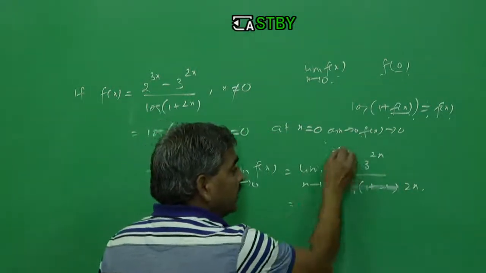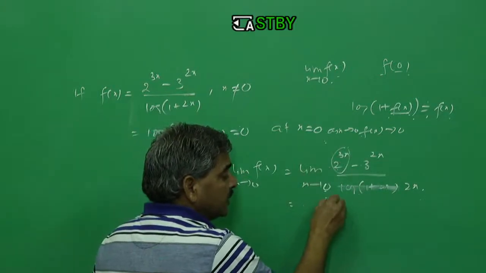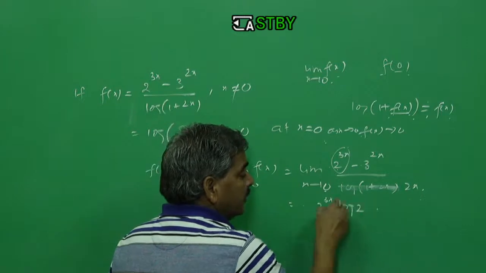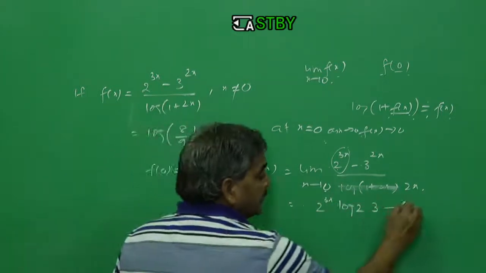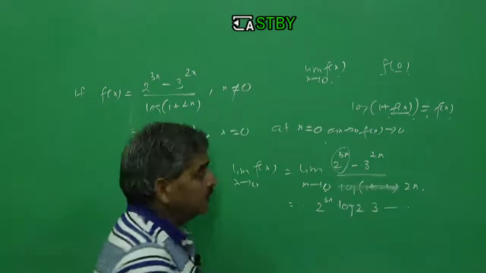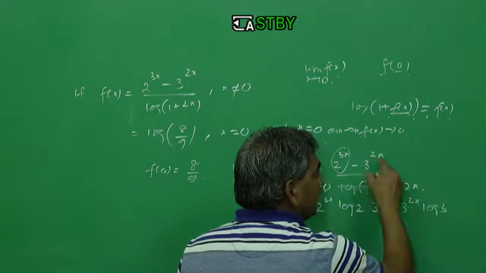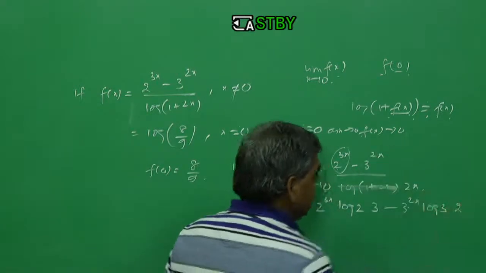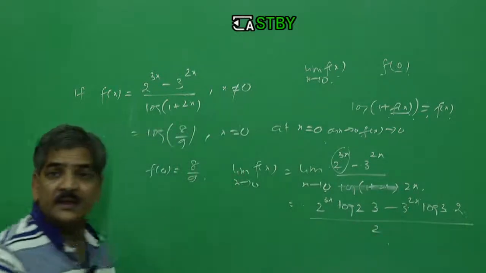Okay, so derivative of 2 raised to 3x, that is equal to 2 raised to 3x into log of 2 into derivative of 3x, 3. Next, minus derivative of 3 raised to 2x, 3 raised to 2x into log of 3 into derivative of index, that is what, 2, whole upon derivative of 2x, that is what, 2. It is correct.